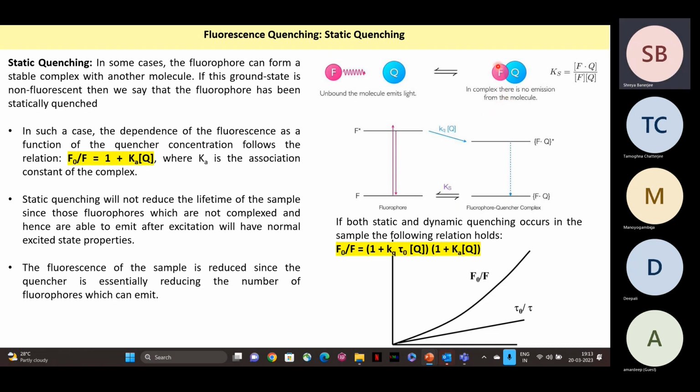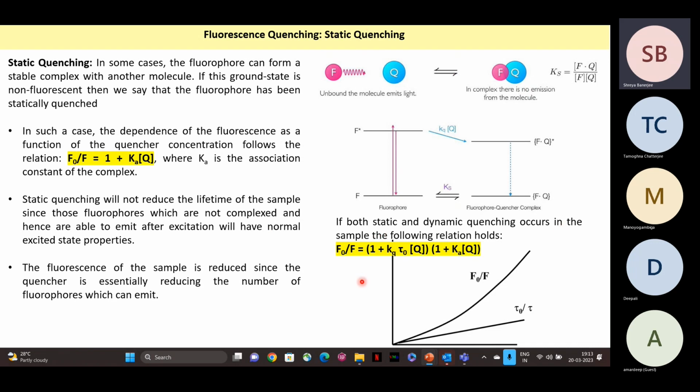The fluorophore molecules which are not forming the complex will have the same lifetime. However, the intensity of fluorescence will decrease because initially 100% of the molecules were emitting fluorescence. But after formation of the complex, those molecules that are in the complex do not have any fluorescence. So the intensity of the fluorescence is decreasing in static quenching.